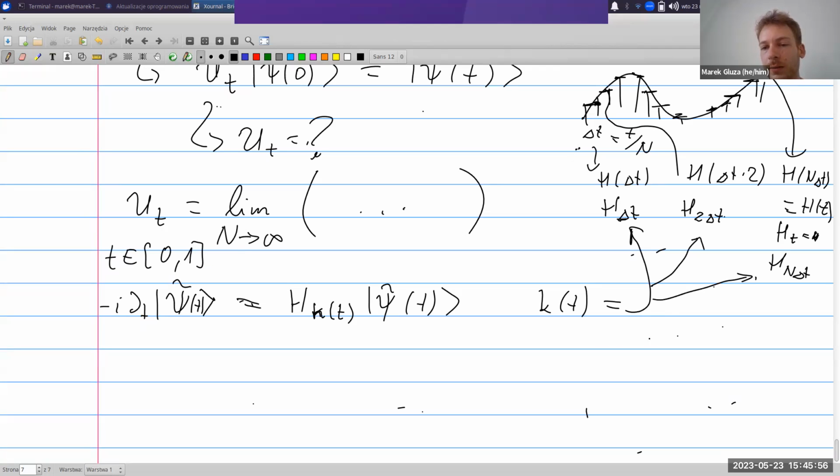So k of t will be of the form k times delta t. And this k we need to figure out by considering the evolution time. So maybe this is confusing because this t could be some t prime or something like this. So this is in principle the full evolution time, but I can consider a different propagation of the wave function, choosing similar Hamiltonians, but really taking those piecewise evolutions, okay?